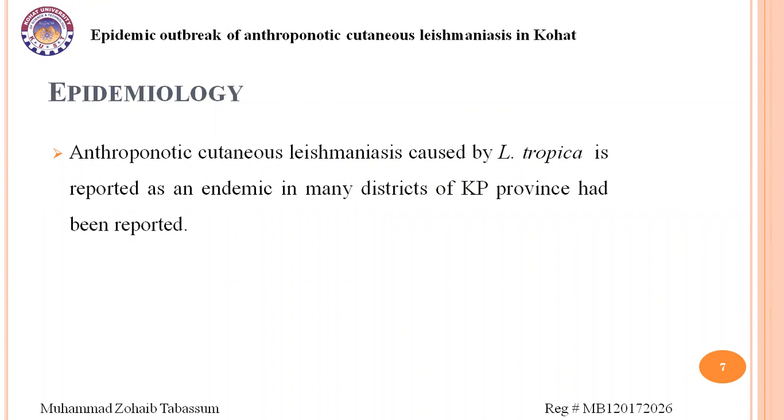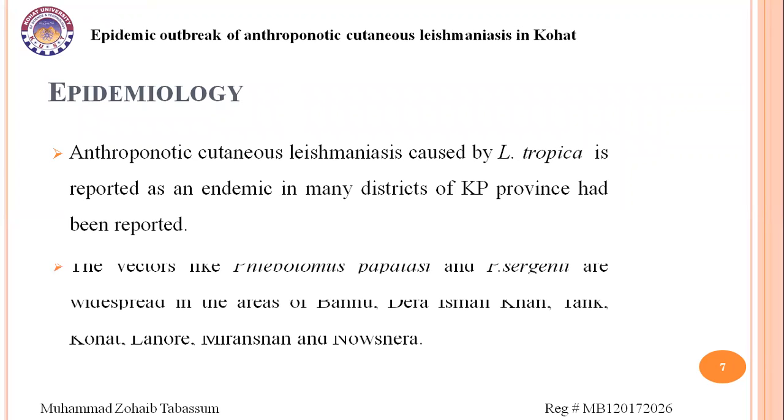Anthroponotic cutaneous leishmaniasis caused by Leishmania tropica has been reported as endemic in many districts of KPK province. The vectors like Phlebotomus papatasi and Phlebotomus sergenti are widespread in the areas of Bannu, Dera Ismail Khan, Tank, Kohat, Lahore, Mansehra and Nowshera.